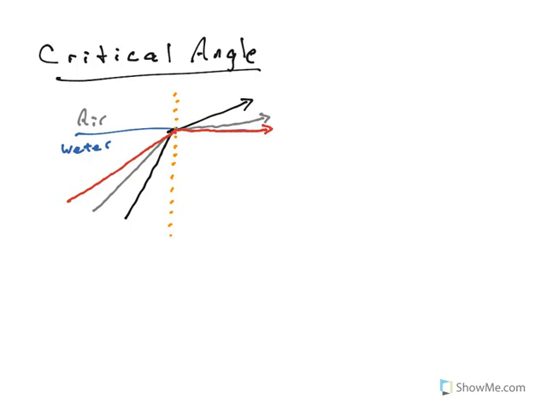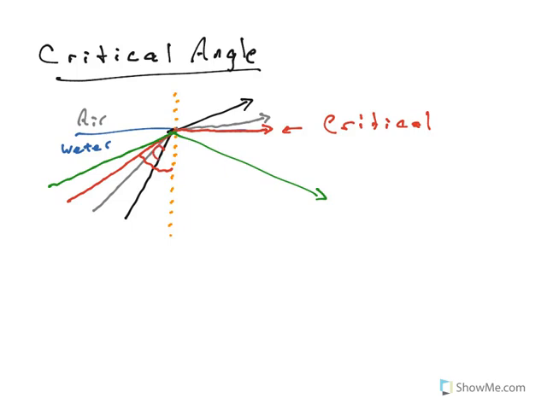And in fact, any line with an angle greater than this, it actually comes back down again. So this special line right here, this red one, whereby the angle of the incident light makes a refraction where the light doesn't come out of the water, but it skims the surface of the water, this is the critical angle.